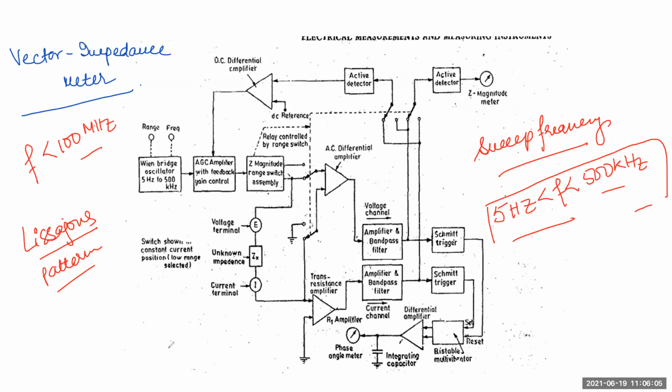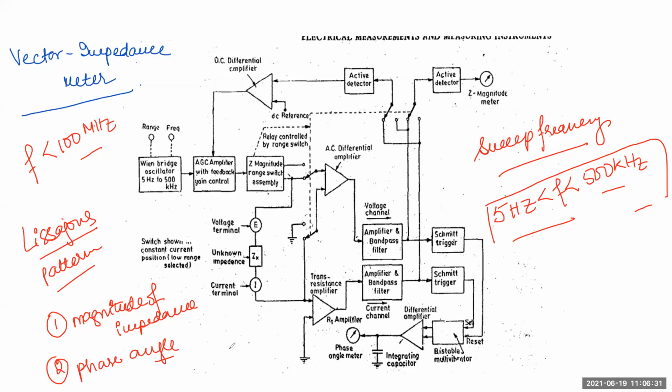One is the magnitude of impedance, and second is the phase angle. These are the 2 important things we will measure with the help of this vector impedance meter.